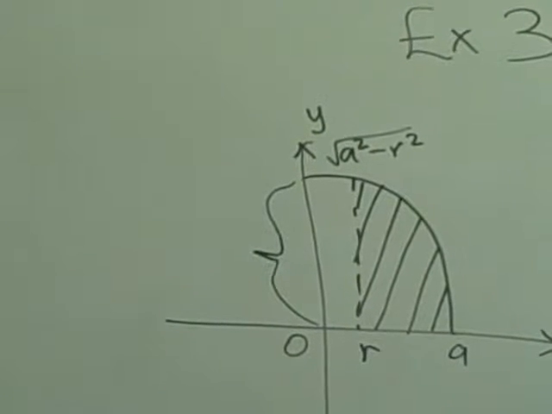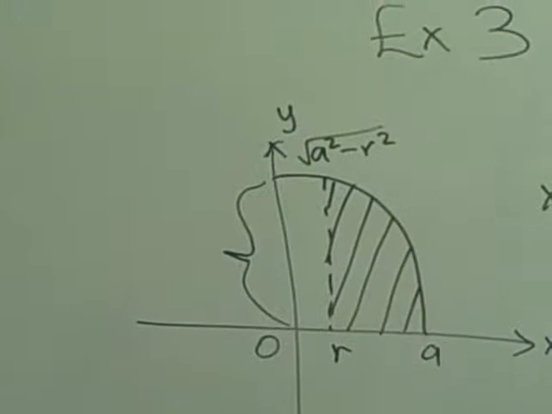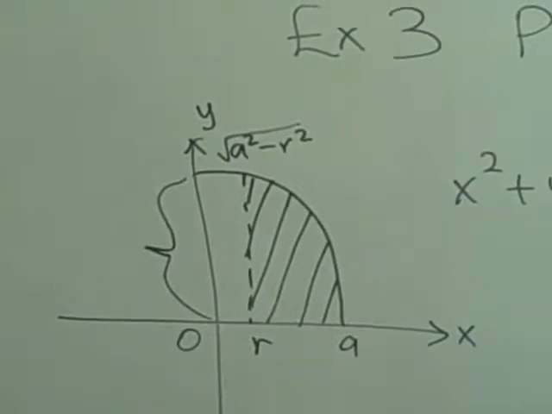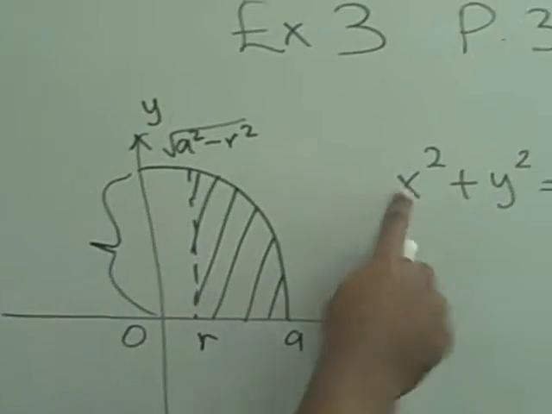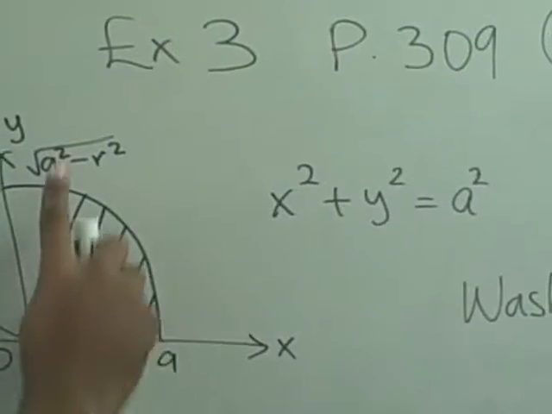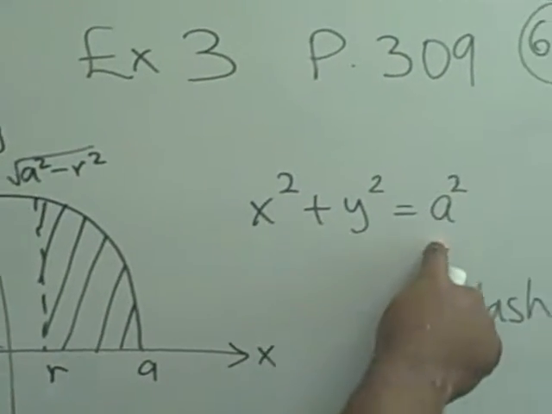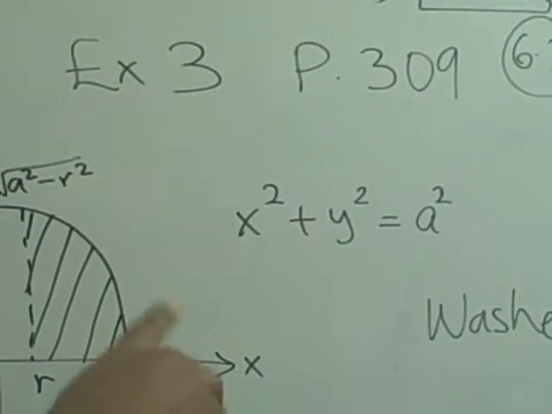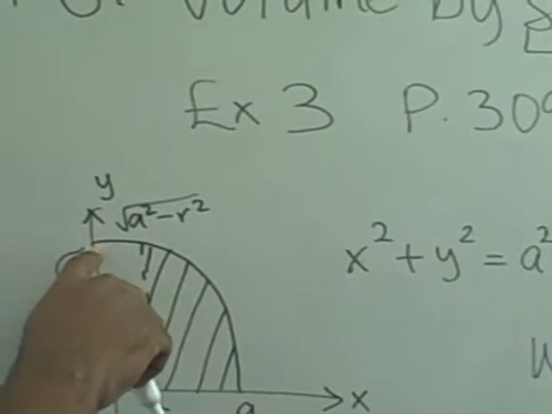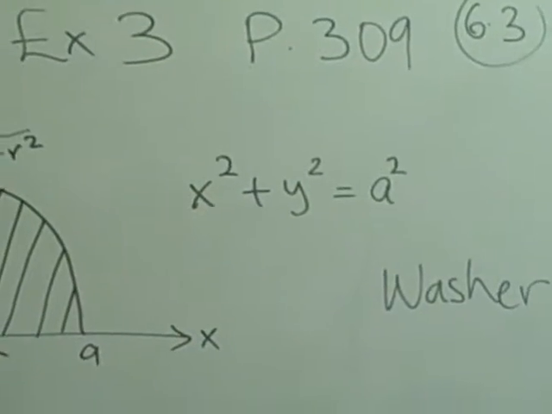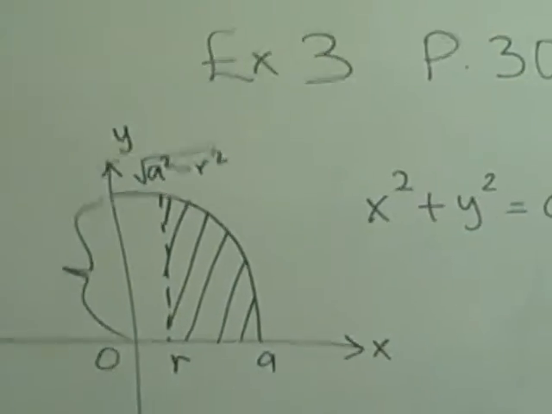You should know why this is a squared minus r squared. It's because when you plug in r for x, it gives you y squared equals a squared minus r squared, and when you take the square root, you get y equals the square root of a squared minus r squared.